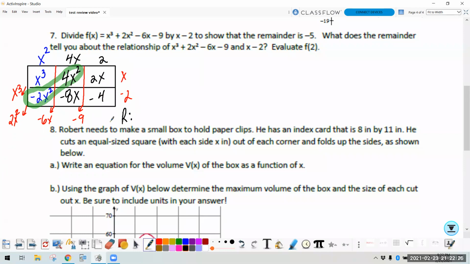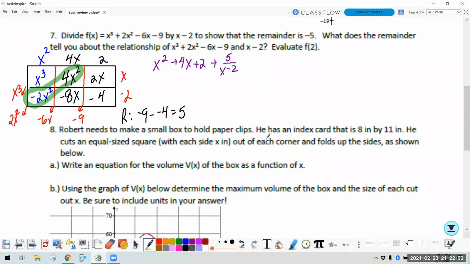And the remainder is negative 9 minus negative 4, which is 5. If I want to write out the quotient, so my dividing answer is x squared plus 4x plus 2 plus the remainder over the divisor.